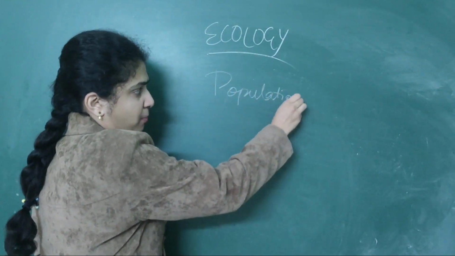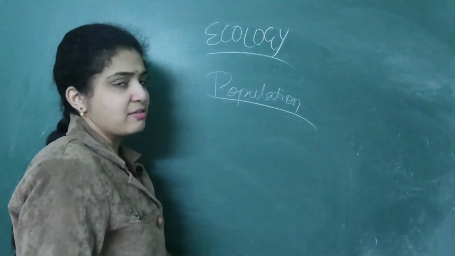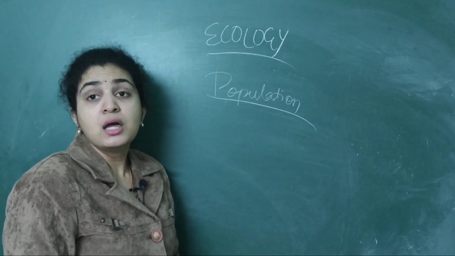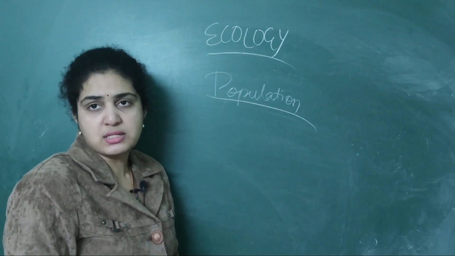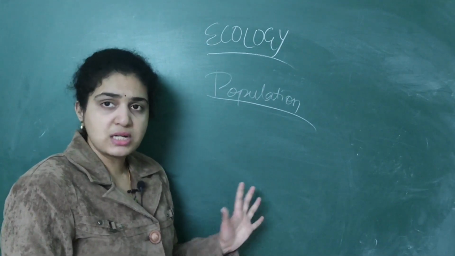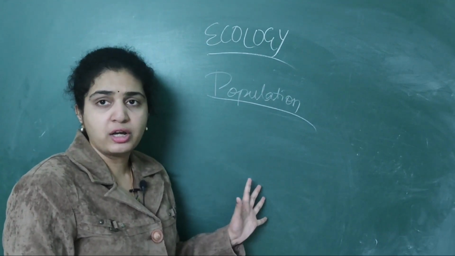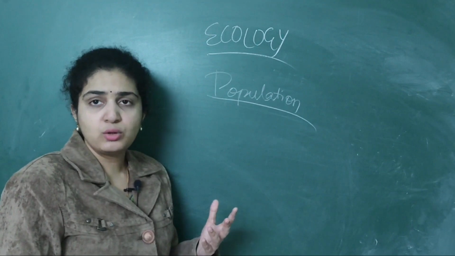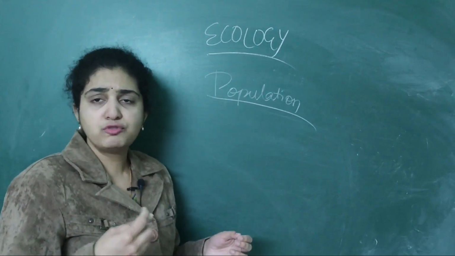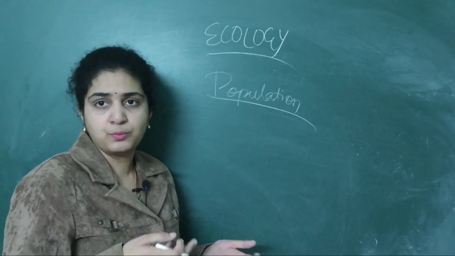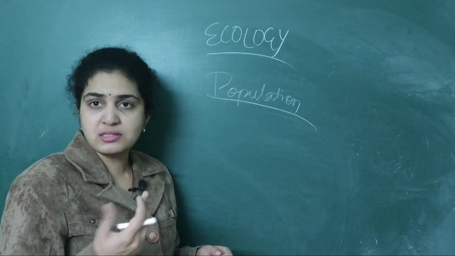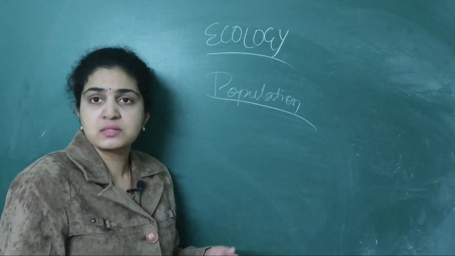In this topic I have stressed adaptations 2 or 3 times, because important NEET questions are asked every alternate year. Now populations are also important. If you read each and every point in the textbook, it is a waste of time. Instead, you can concentrate on other subjects like physics and chemistry to gain more marks.